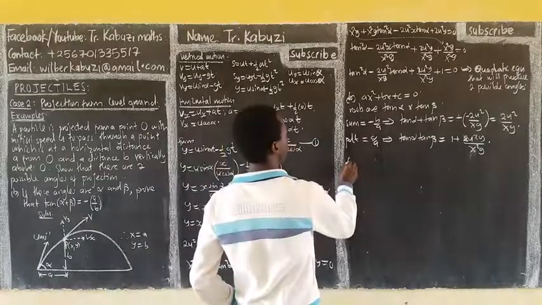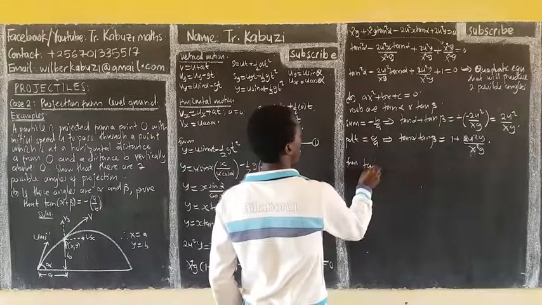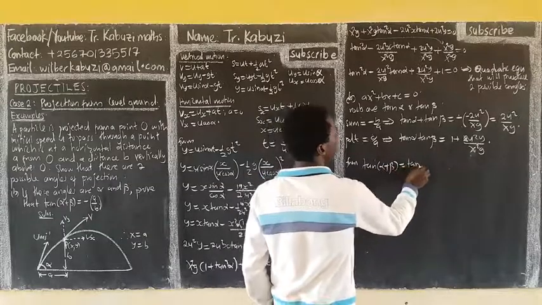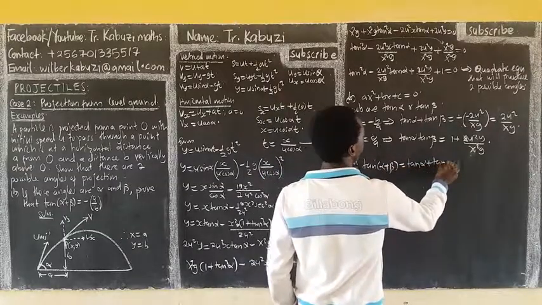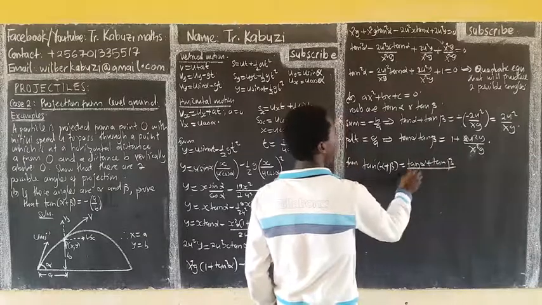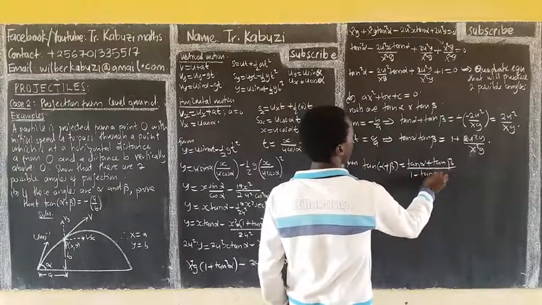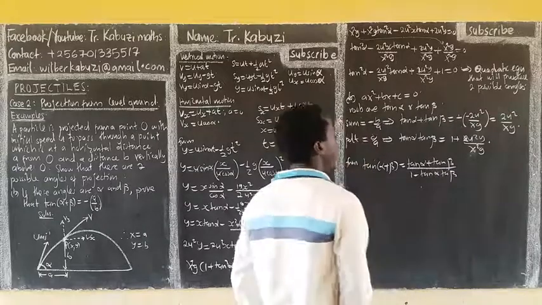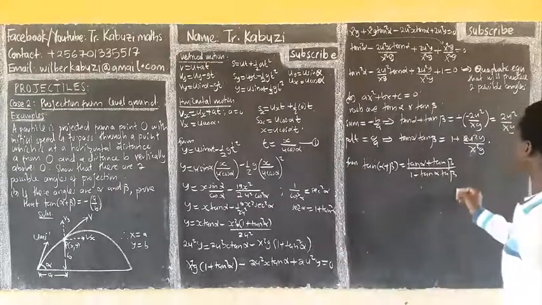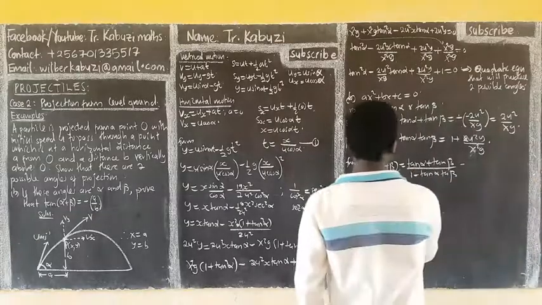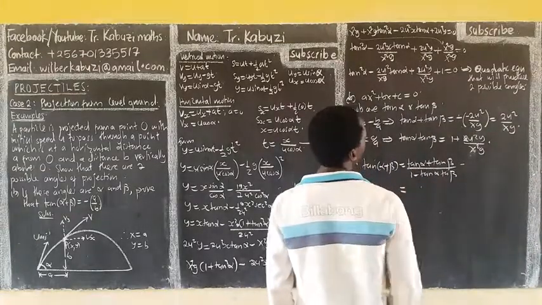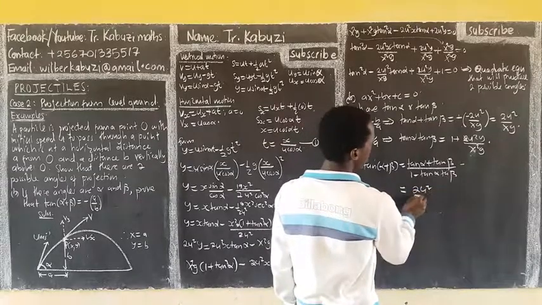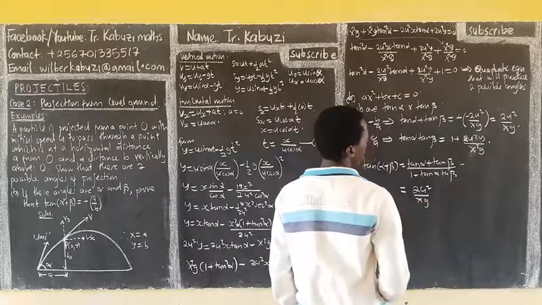I know tan of alpha plus beta will be equal to tan alpha plus tan beta, the whole over 1 minus tan alpha tan beta. So substituting, the sum is going to give me 2u squared over xb.